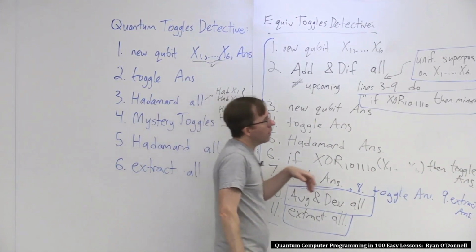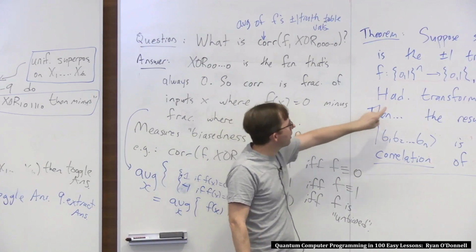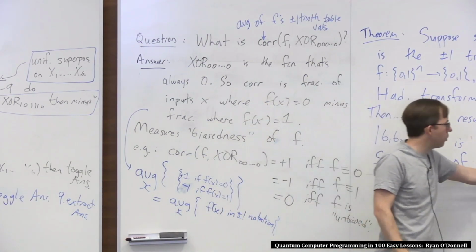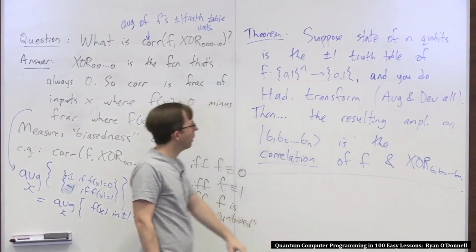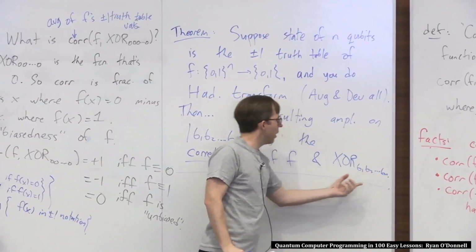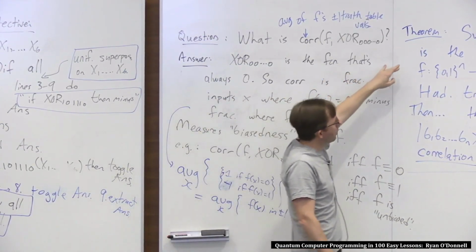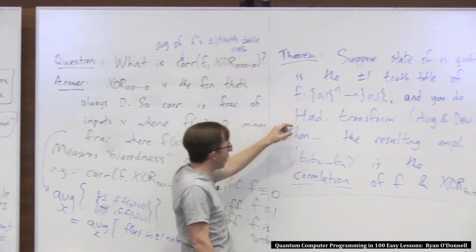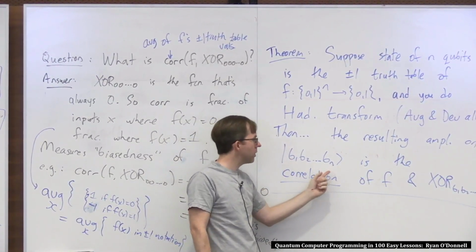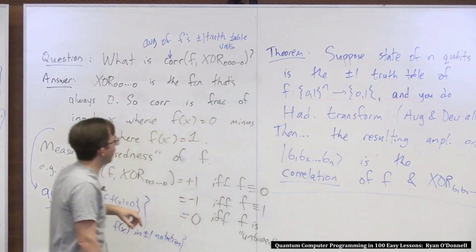And so that fact corresponds to this theorem in the special case where b1 through bn is all zeros. When you plug in that special case, it's saying if you load f's plus or minus truth table into the state, do the Hadamard transform, and then look at the amplitude on all zeros, you get the correlation of f with XOR sub all zeros.